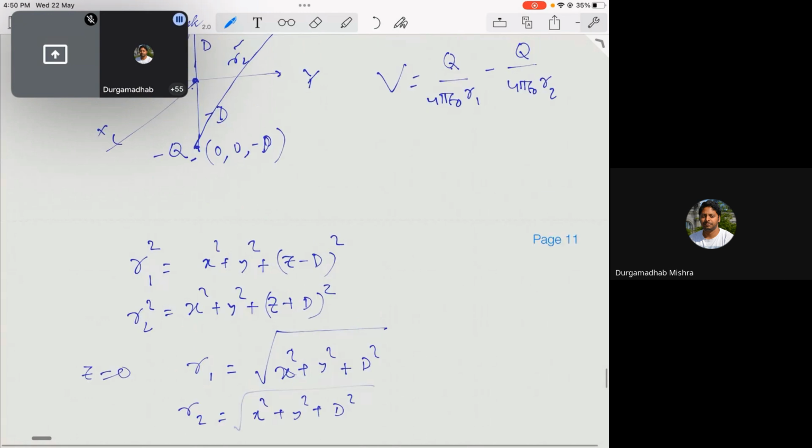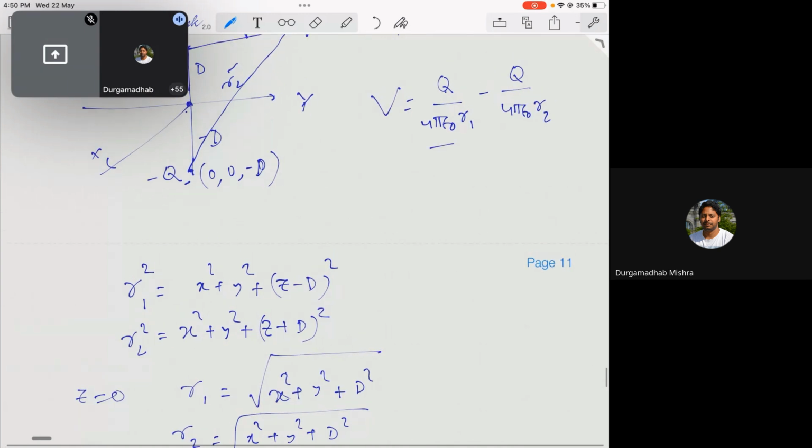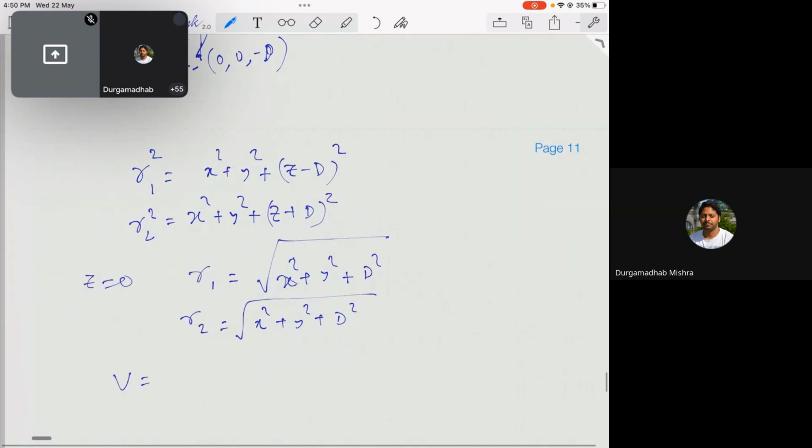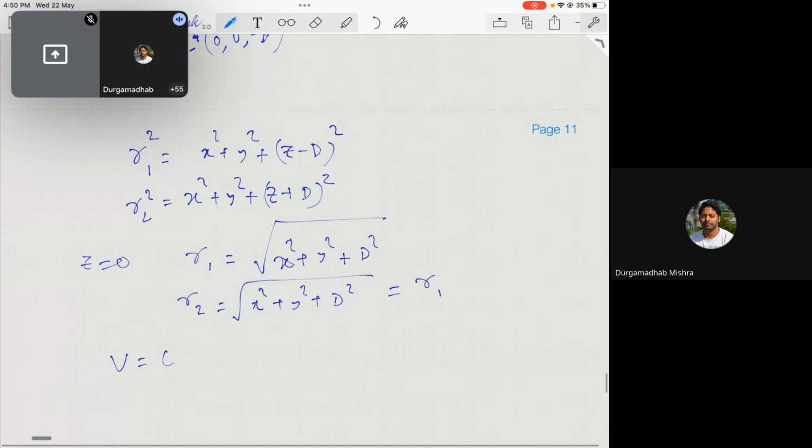So the potential V has the same charge and the same denominator because R1 is equal to R2. So at Z equal to 0, V is equal to 0.